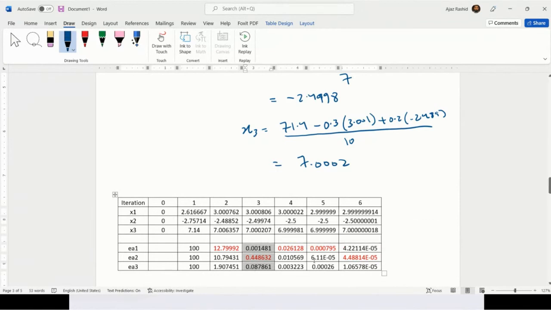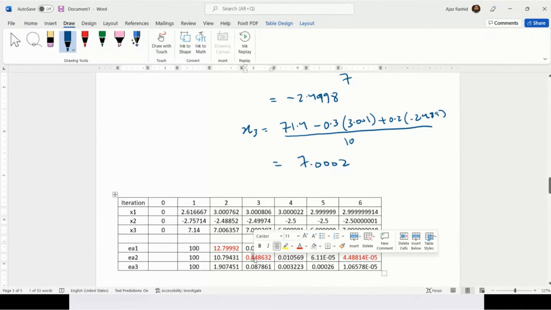The one in red is the maximum of all three values. If you take 0.1% stopping criteria, then it is 0.4, so not below 0.1.